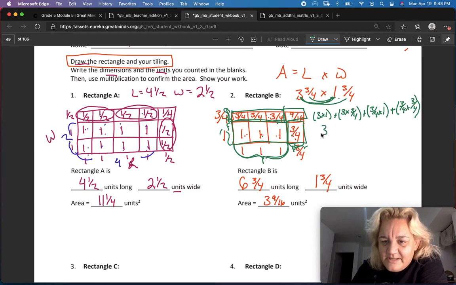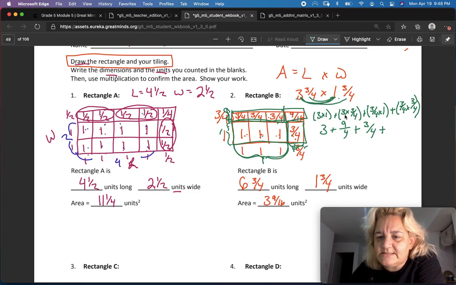So I've got 3, 1, 2, 3, plus 9/4, that's right here, plus, right here, 3/4, plus 3/4 times 3/4, 9/16.